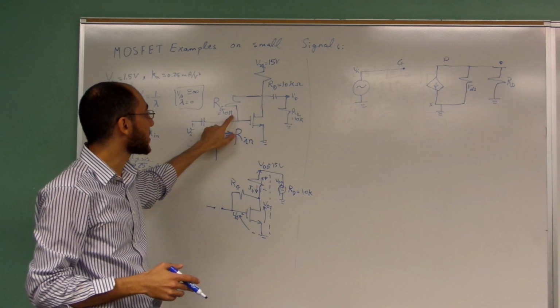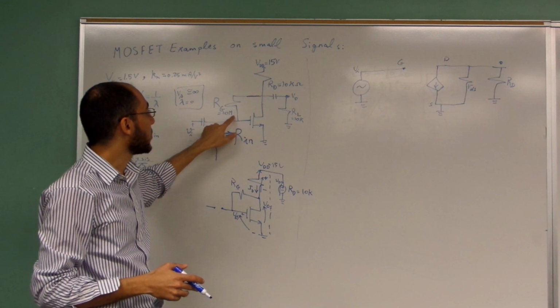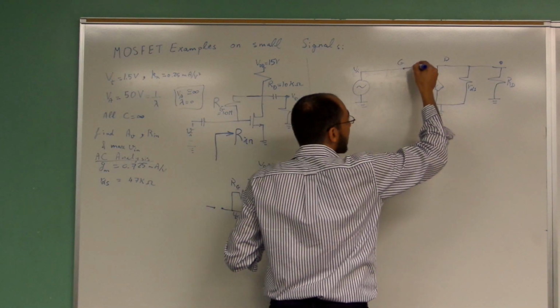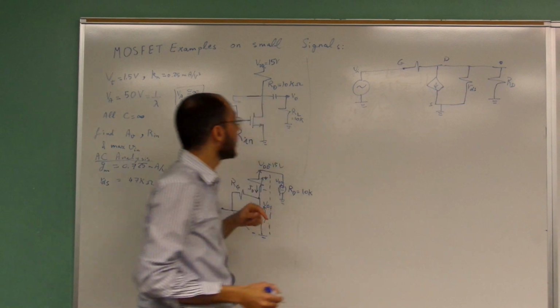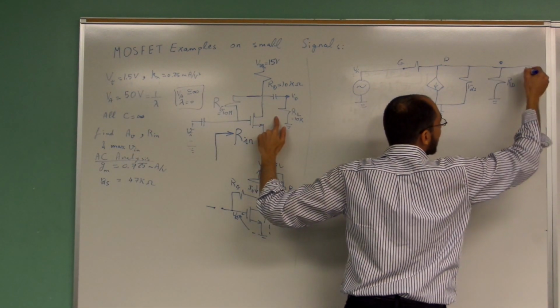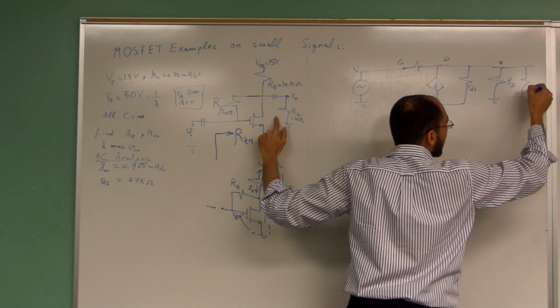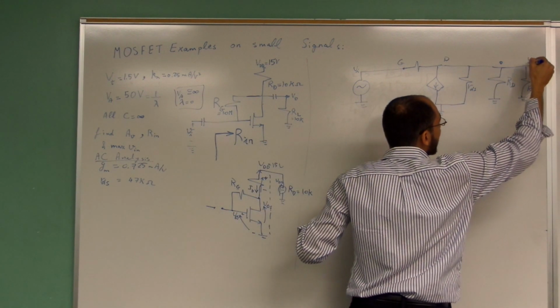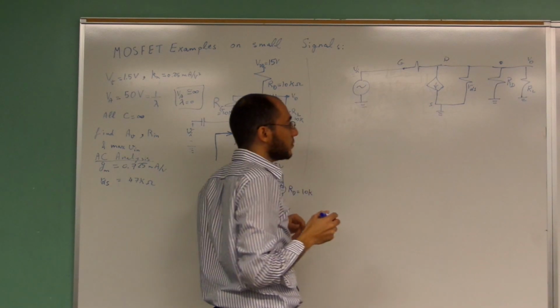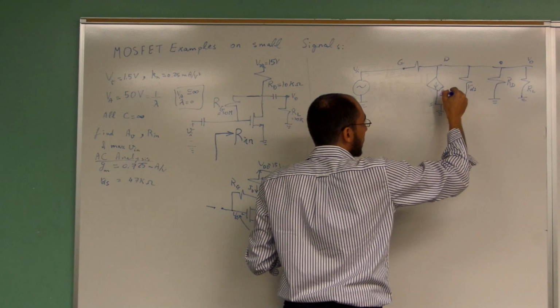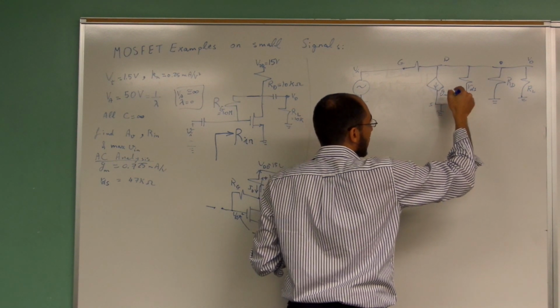However, for this particular example, we have the gate connected to the drain through a resistor, and that's why we need to connect this to a resistor. And we have an output signal from an output resistor at the drain, and that is the output. And this is the value of GM VGS.